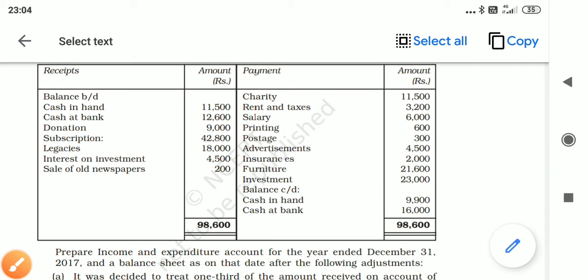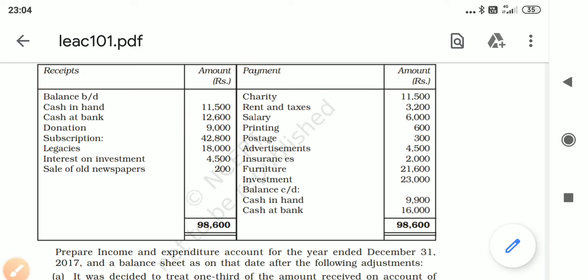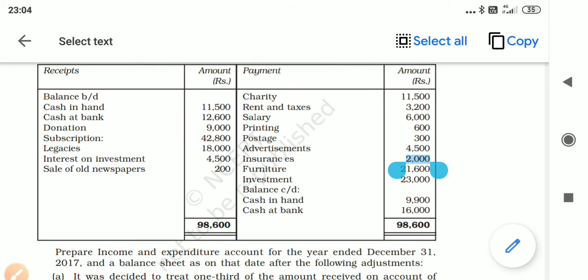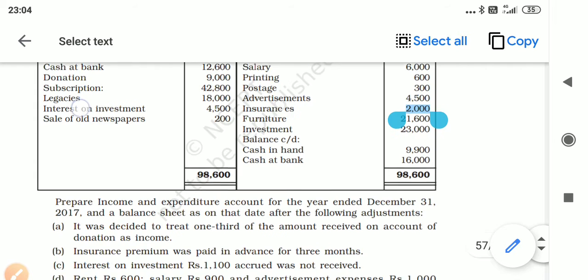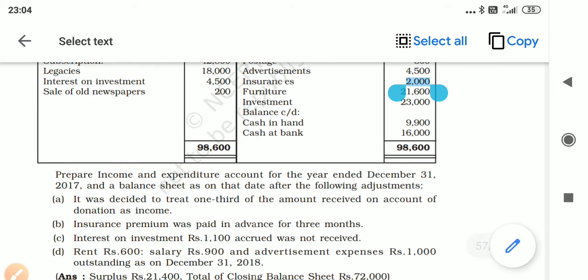Okay. Now this insurance will appear in the expenditure side, 2,000 minus 400, 1,600 will appear in the expenditure side of the income and expenditure account. The 400 will appear in the current year's balance sheet, asset side. Okay, so that is over.